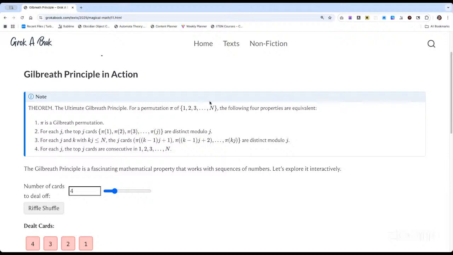However, as the authors also point out, the principle is very powerful and has been used to design many effects, sometimes in combination with other principles and sometimes combined with sleight of hand. If you do a quick YouTube search for Gilbreath card magic, you will find a vast array of effects based on Gilbreath.